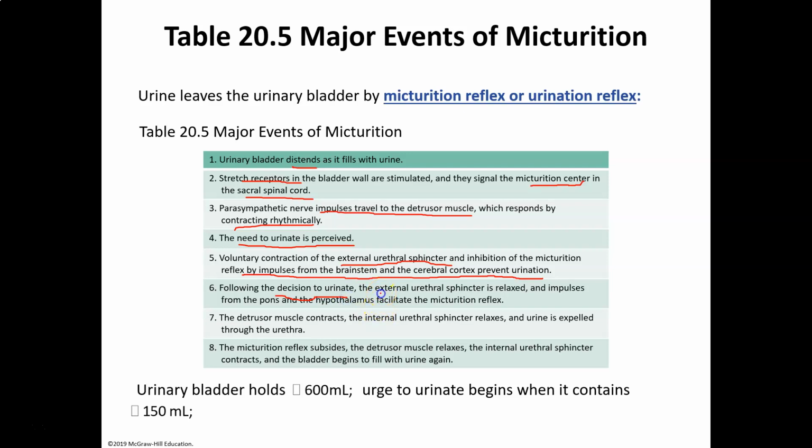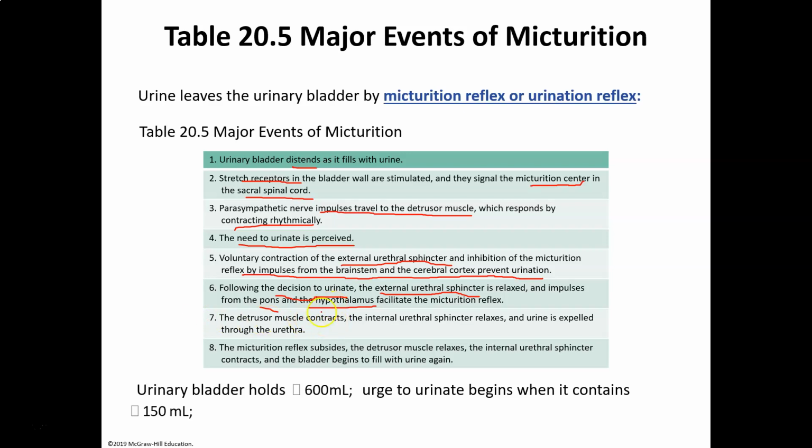Now I'm going to release the external urethral sphincter, and the pons and the hypothalamus are going to facilitate a micturition reflex. They're going to cause the urinary bladder to squeeze the detrusor muscle to push the urine out through the urethra.